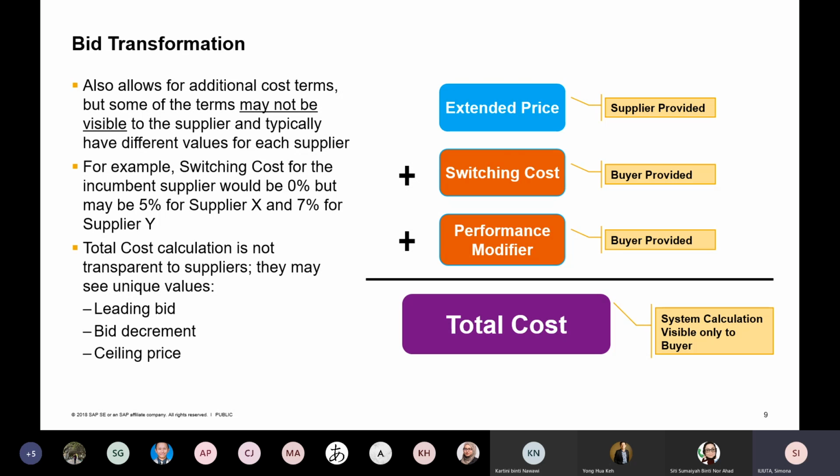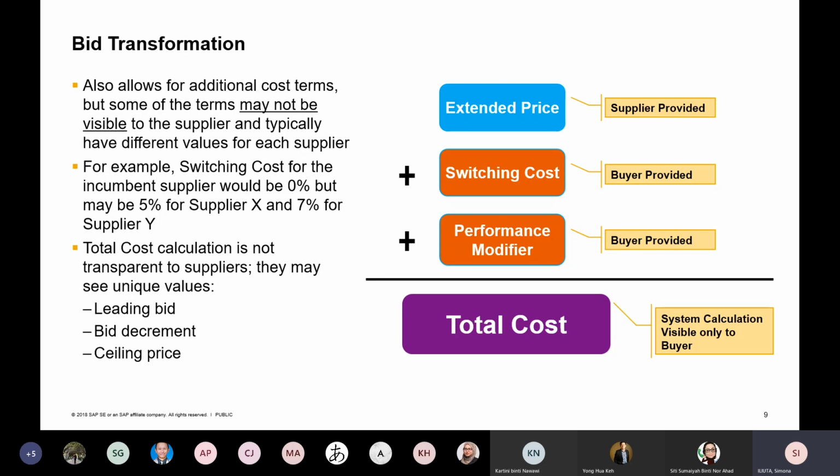So, for example, imagine you have a switching cost that is 0% for an incumbent, but 5% for a new supplier, supplier X, and 7% for supplier Y. The total cost will take into consideration these percentages when you do your formula, and the 5% and the 7% will actually have an impact on the values that the supplier sees.